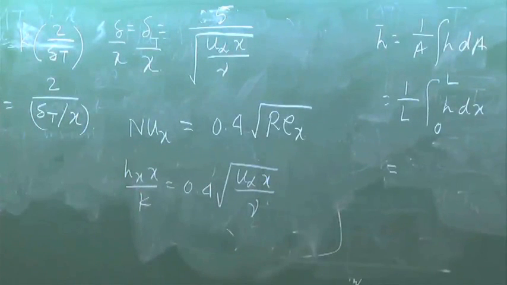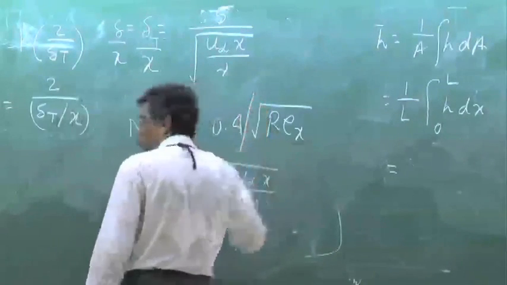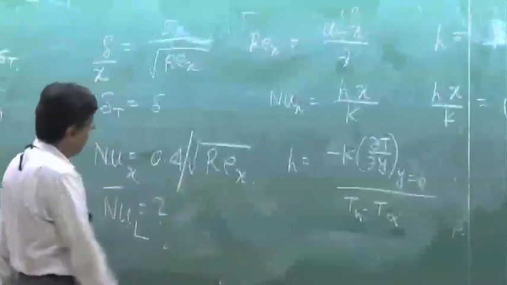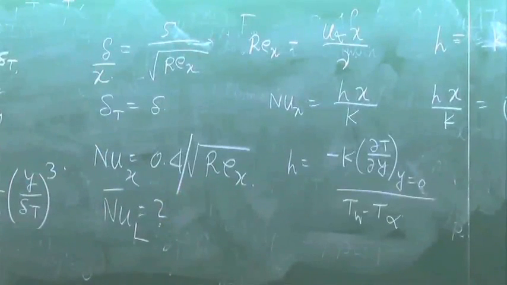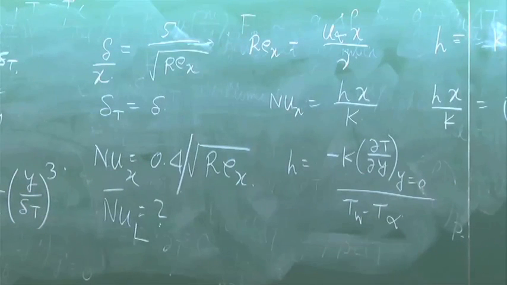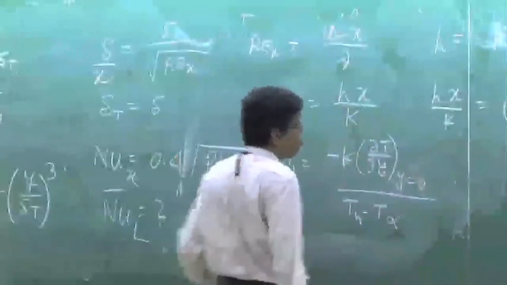Sorry, not 0.4 by root Rex, it is 0.4 into root over Rex.